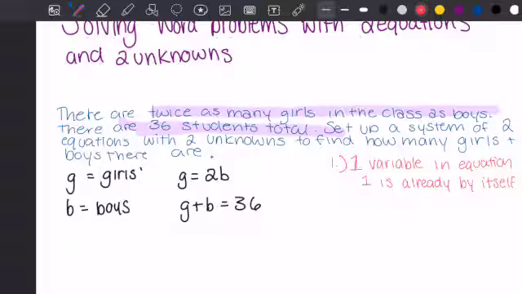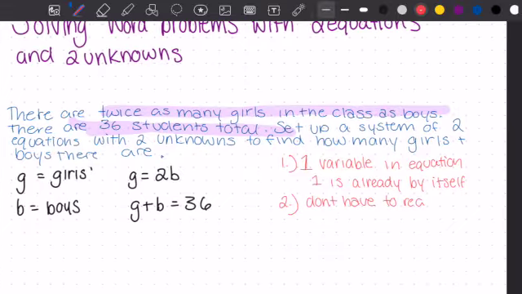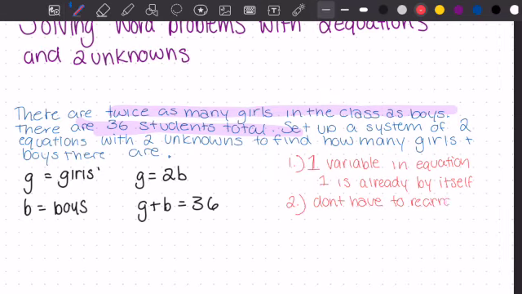And 2, we don't have to rearrange either of the equations to set them equal to 0 if we use substitution. Don't have to rearrange the equations.